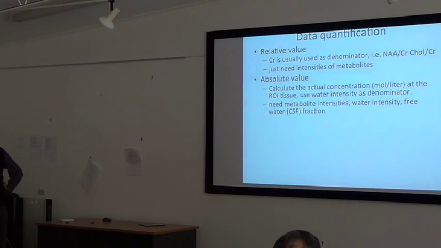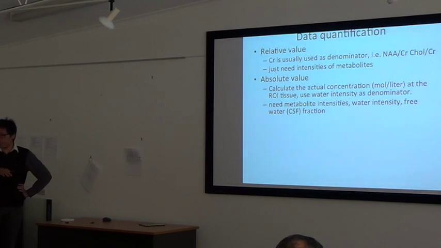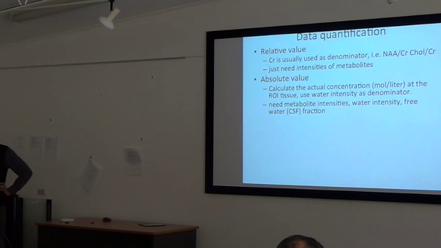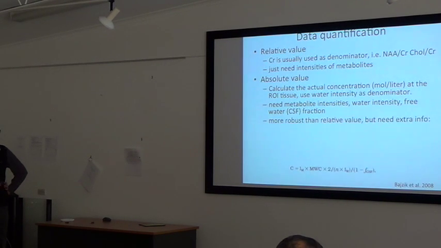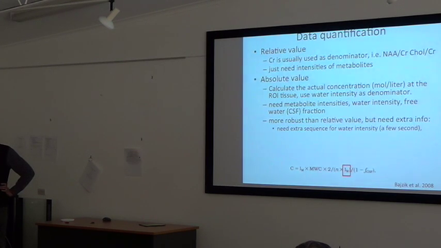But creatine is sometimes not stable, so that comes to the second approach, absolute values, which calculate the actual concentration in the region of interest for the peak, basically using water intensity as the denominator. It is more robust than relative values, as you can imagine, but it needs something extra. For example, you need to acquire an extra water signal, which is usually included on GE scanners, and it only takes a couple of seconds to add.